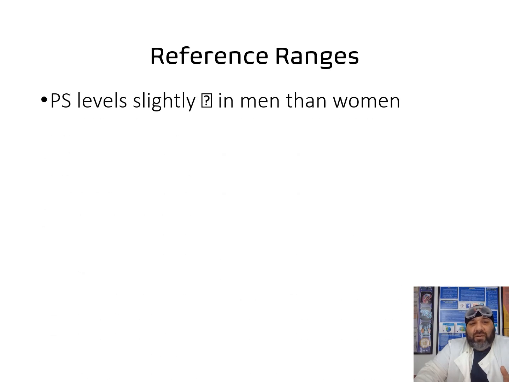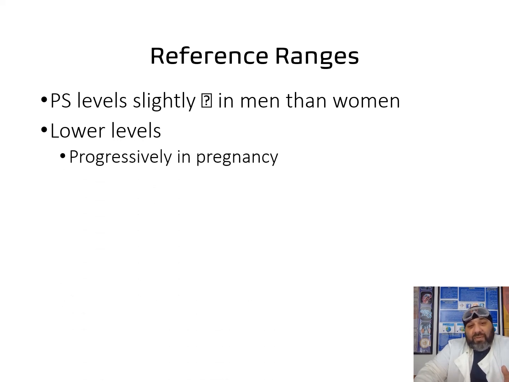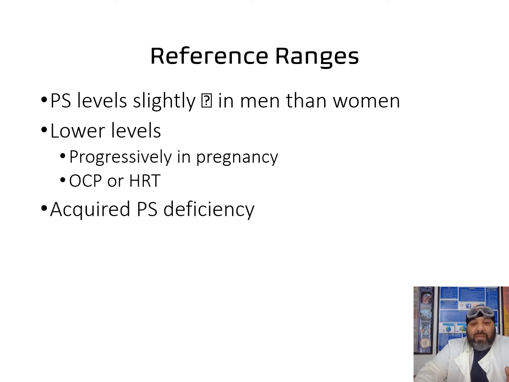There are reference ranges around this as well. Protein S levels are slightly different in males versus females. There can be progressively lower levels in females who are pregnant, and also potentially in women on hormone replacement therapy, and there can be acquired protein S deficiency.